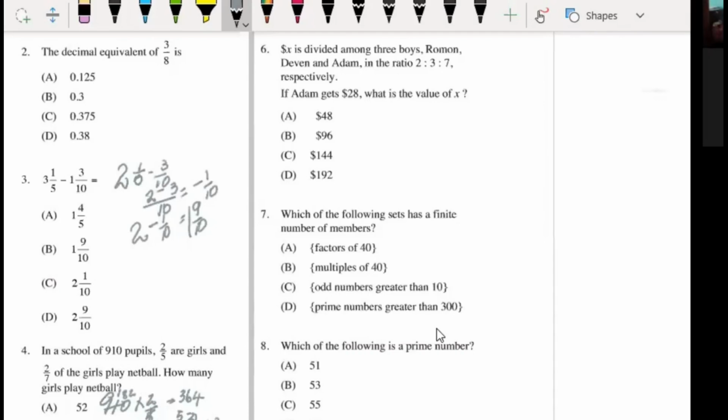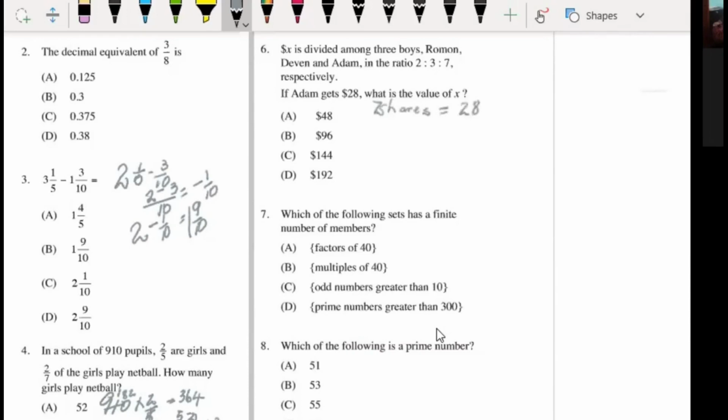Now, what tool do we have here in order to work out anything? They say Adam gets $28. And Adam's share is 7 shares, therefore 7 shares will be equal to $28.